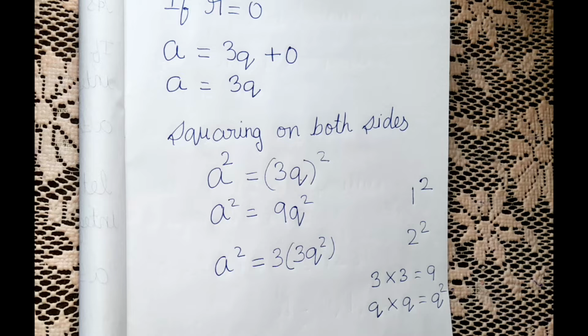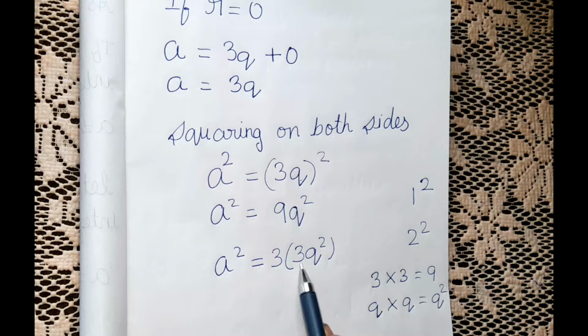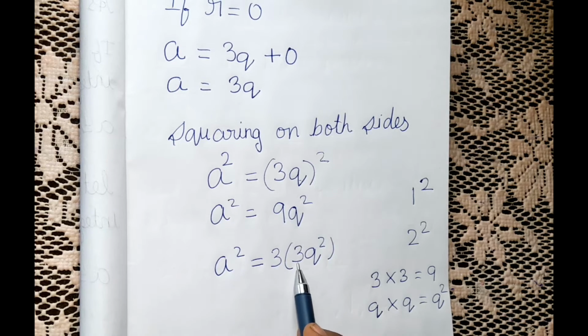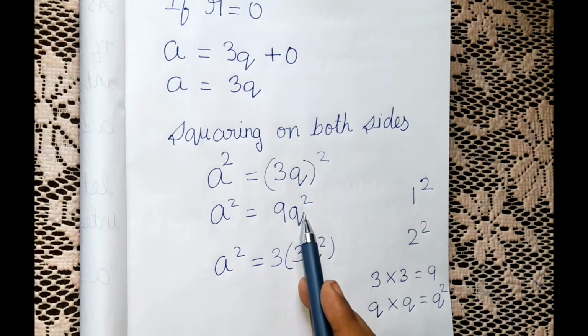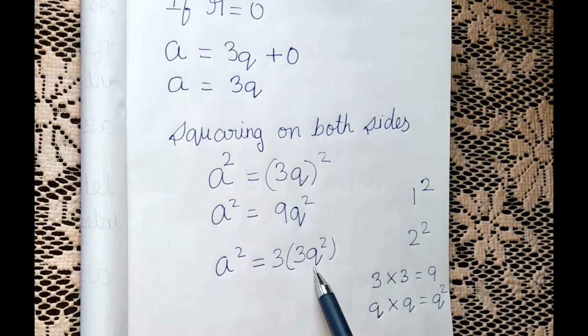So 3 into 3 is 9. Of course, it is in the 3 table. So we wrote 3 into 3 is 9. So instead of writing it 9q square, we just split it. That is 3 into 3. So this bracket means into. Okay, that is in the multiplication form. Remember this. So 3 into 3 is 9. But what about this q square? So we wrote the q square as it is.